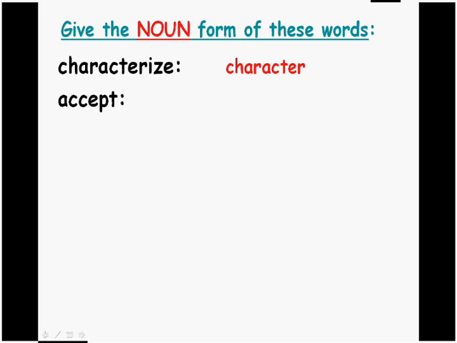Another word, the word accept. This is a verb. So think of the noun. What suffix should I add here?